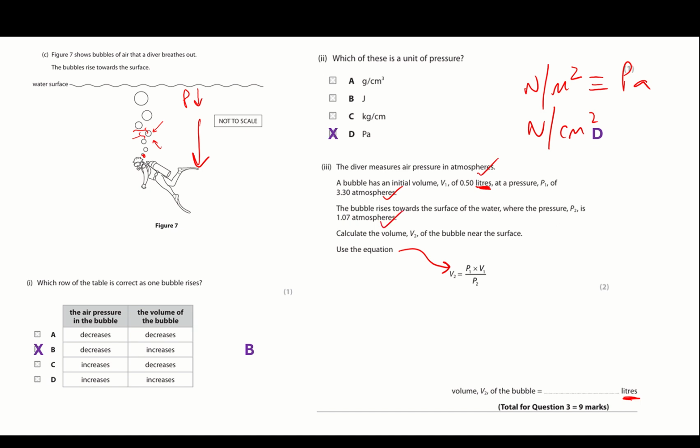So they all speak to each other, and then we can see P1 has to go in there, multiplied by volume 1, all divided by that. So it's just do exactly what it says, and you need a divide line there. So pressure 1, 330, multiplied by volume 1, 0.5, all divided by 1.07. I think that's quite a nice question because it tells you exactly what to do. That's that done.